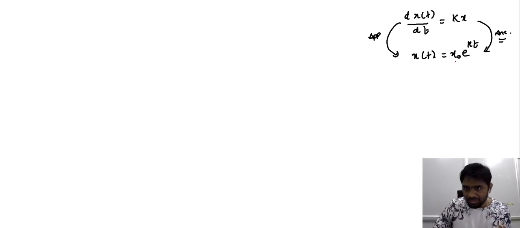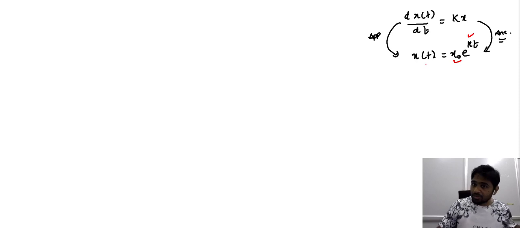One is the initial condition, the other is the constant of proportionality. Only when we have these two parameters will we be able to make use of this function, which tells us the number of nuclei present in a system at a given time t.